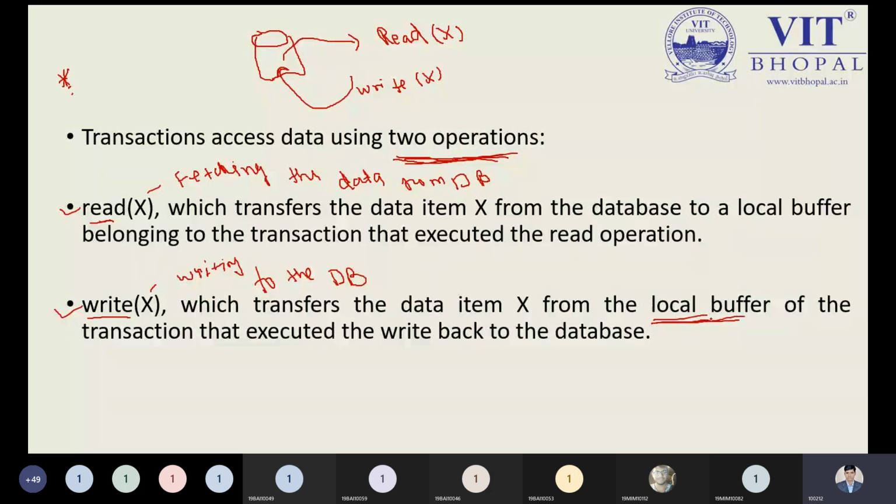If we want to transfer our temporary information to permanent storage, then we are transferring our information from the local buffer to the permanent storage device, that is our disk. So we are performing the write operation, writing to the database. Are these two different operations, read operation and write operation, clear to all? Please let me know.